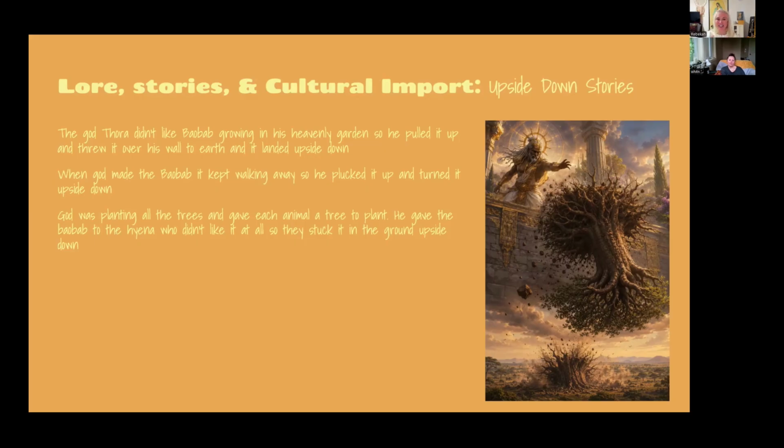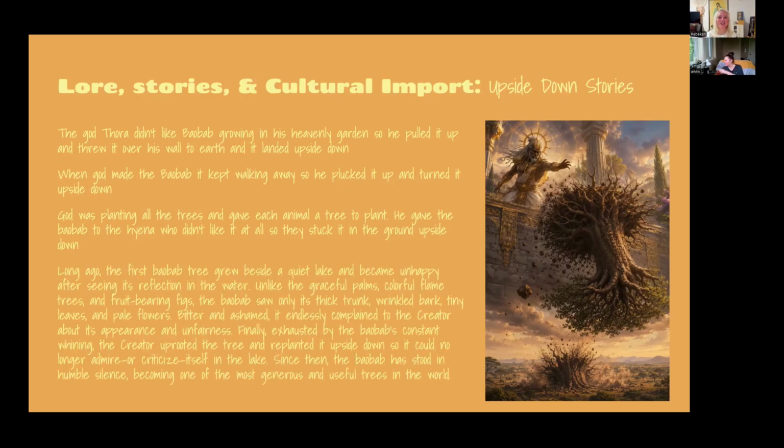The hyena didn't like it, so it stuck it in the ground upside down. Nasty little hyena. All these stories are so negative. God didn't like it and the hyenas didn't like it. I know. Well, that's why it's upside down. So here's a longer one.